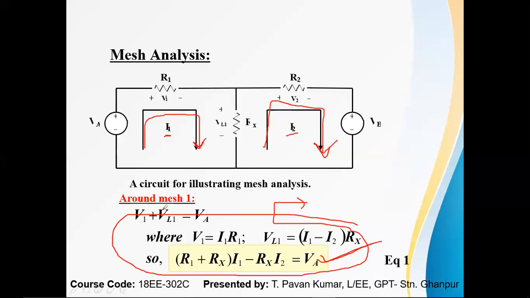Here he followed only one sign, but in session number 8 we followed that this common branch will have two different signs. One sign depends upon this loop, and one sign will change depending upon the other loop. So when the loop current changes, this common branch's sign changes automatically. That rule we made in session number 8.